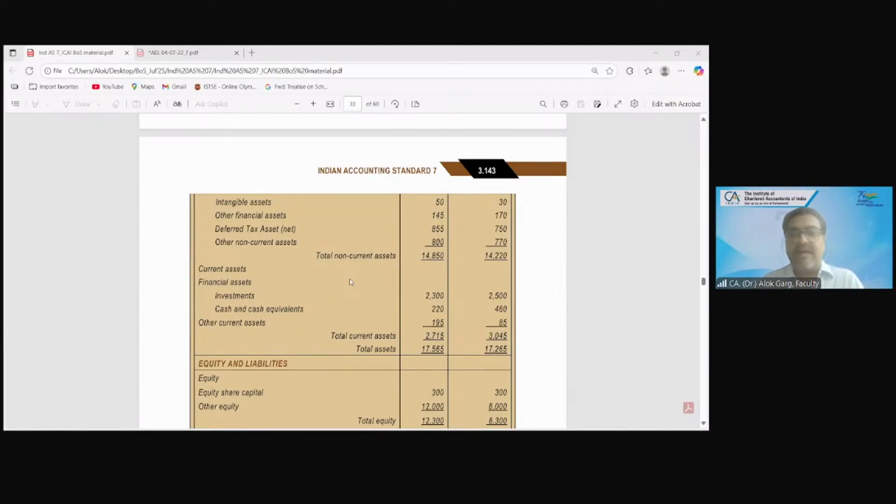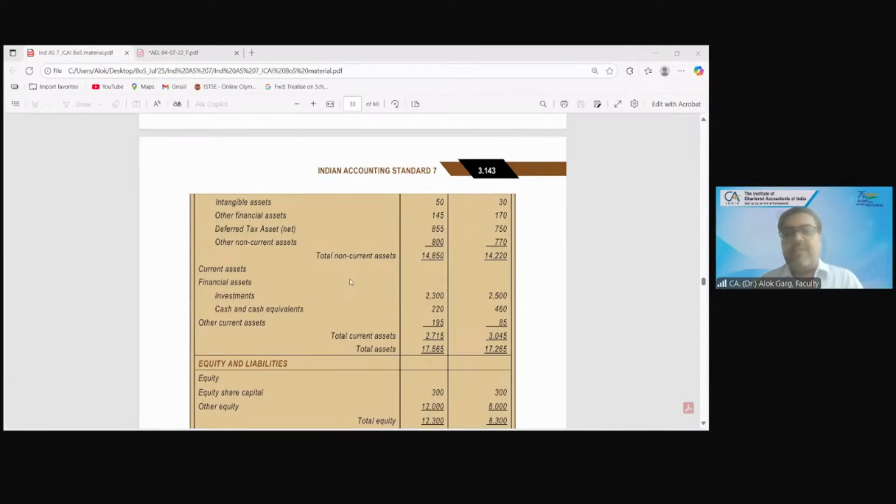If I start with the profit after tax, I would do it differently. Here I have started with profit before tax, and hence I am doing this adjustment of deferred tax asset charged during the year, because the taxes paid was 105.